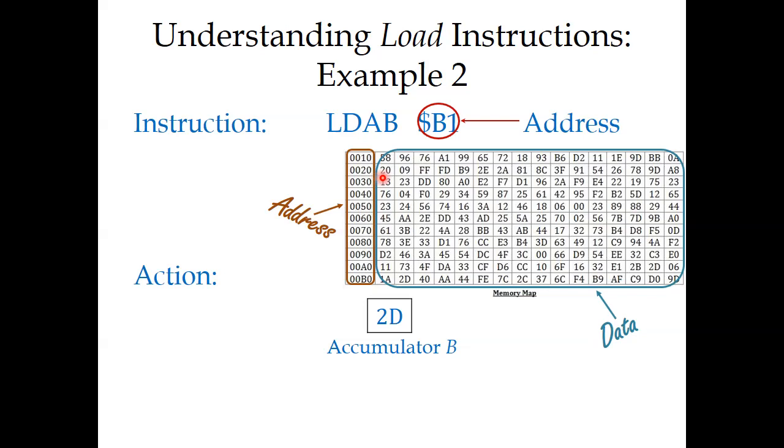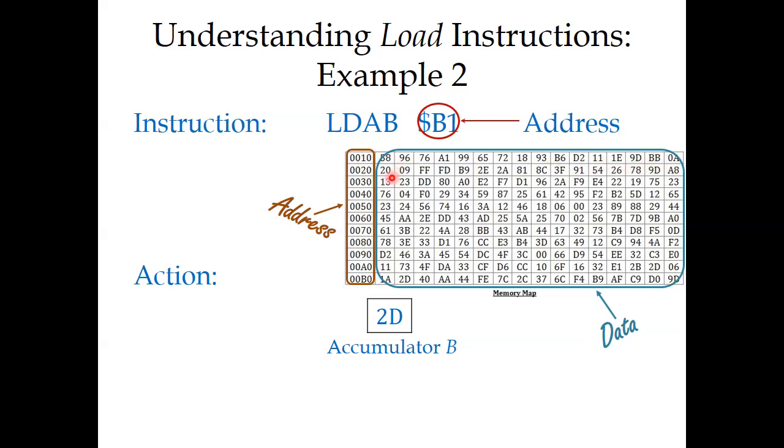So basically, this byte is the very next location of this byte. This one is 001F, right? So the very next one is 0020, which is this one.